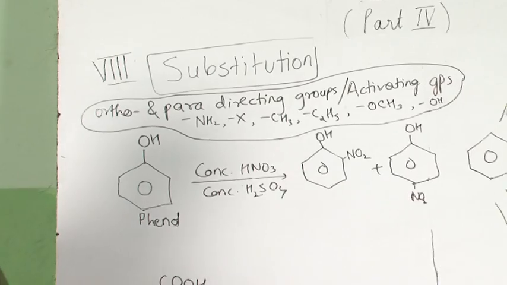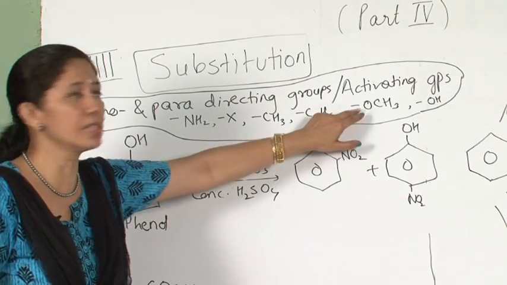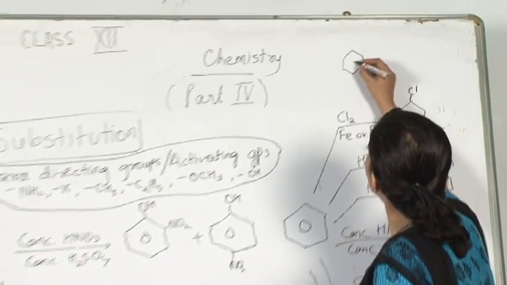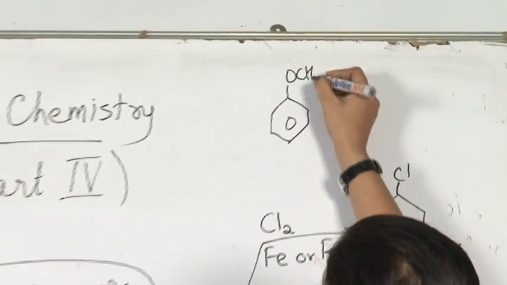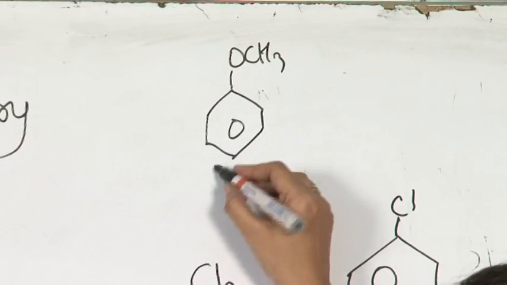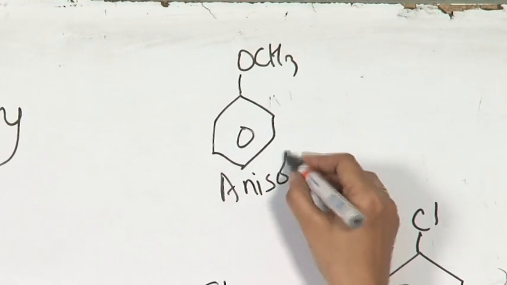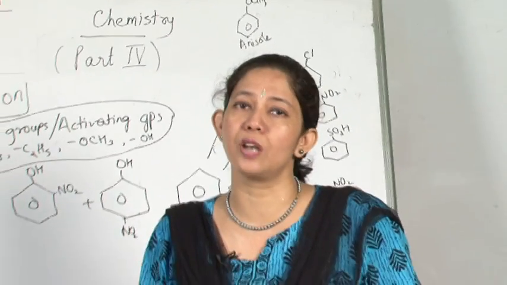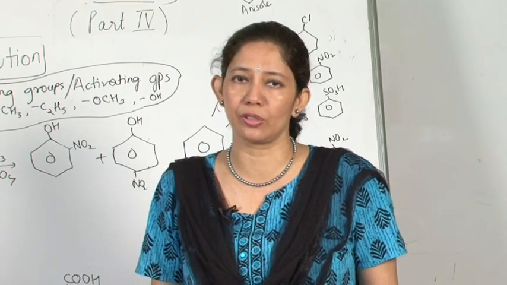For example, to the ring, if I attach OCH3, methoxybenzene, the common name for this one is anisole. Suppose in the examination this is the question asked: what happens when anisole undergoes Friedel-Crafts alkylation reaction?